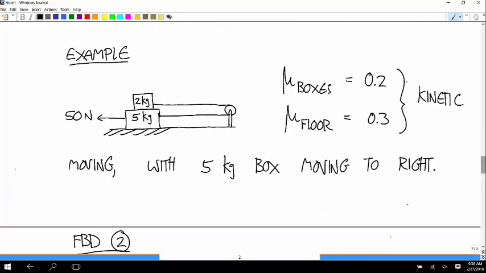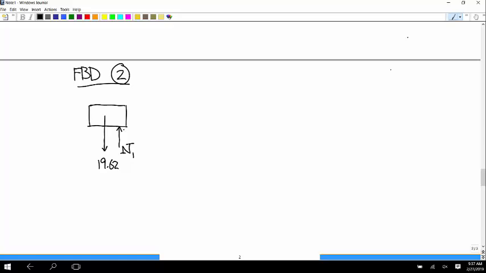And then relative to the 5 kilogram box, which way is the 2 kilogram box moving? Left. The friction force is opposite that. So there's a friction force to the right of 0.2 times N1.